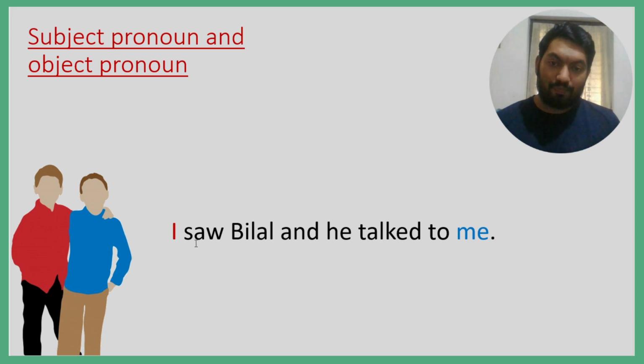So here, before saw, this pronoun came, this is a subject pronoun. After talked, this pronoun came, so this is an object pronoun. So the same pronoun has two different forms in subject position and in object position. I is subject position, me is object position, even though they have the same meaning.